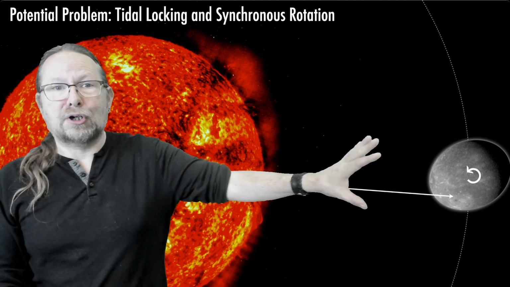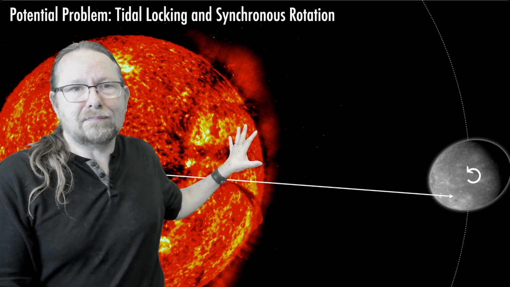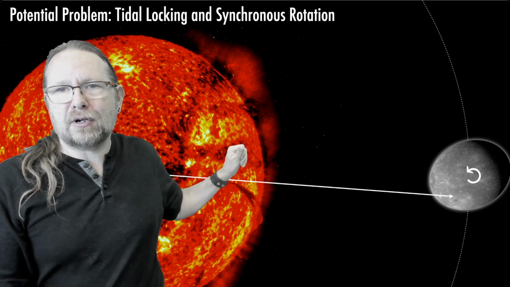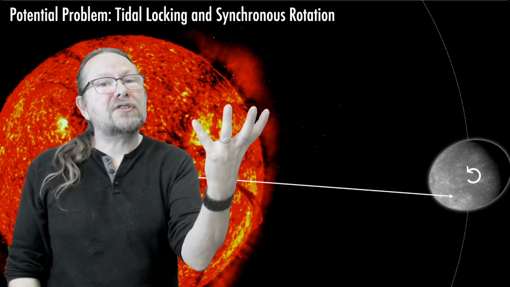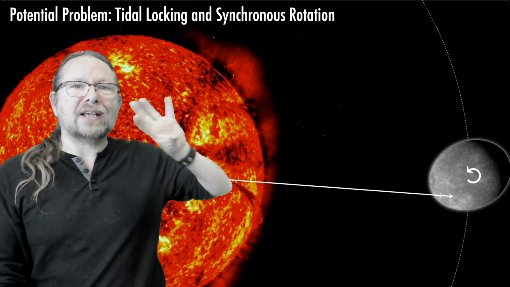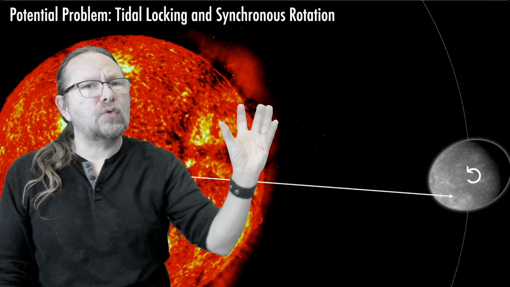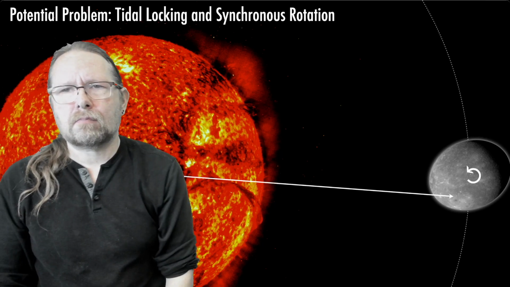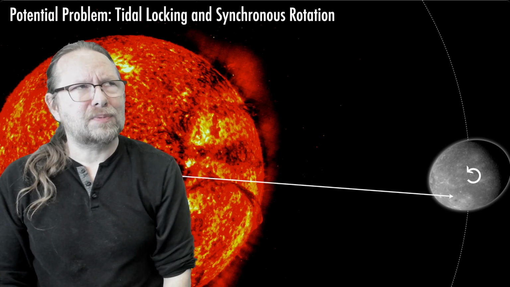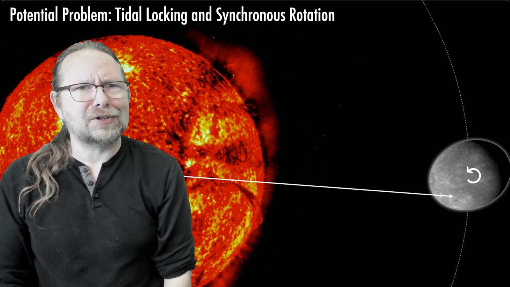Now, Mercury is not doing much to the sun. The sun is billions, trillions of times more massive than Mercury. But the sun's tidal interaction with Mercury has slowed down its rotation until it has this weird 3-to-2 resonance of 3 spins for every 2 orbits. I think that's it. 3 spins for every 2 orbits? Yeah. 3 days every 2 years.